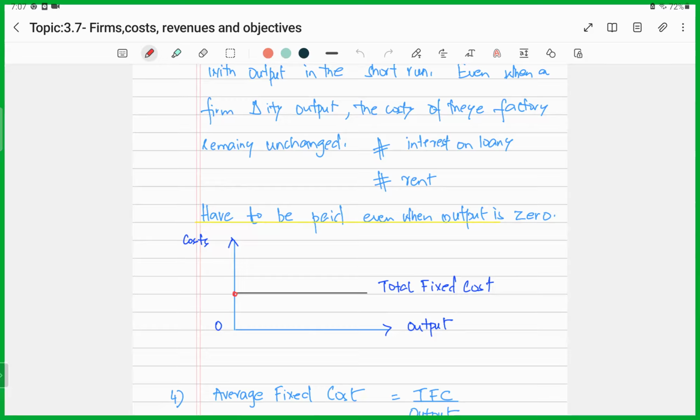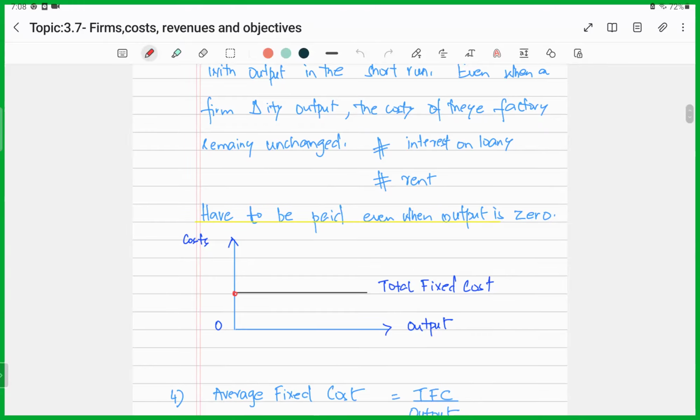That is why, if you look at the diagram, total fixed cost is a straight line parallel to the x-axis. It shows that the level is fixed. Whatever happens to the level of output, nothing would change in the short run to the fixed cost. The cost will remain the same no matter what happens to the output level.